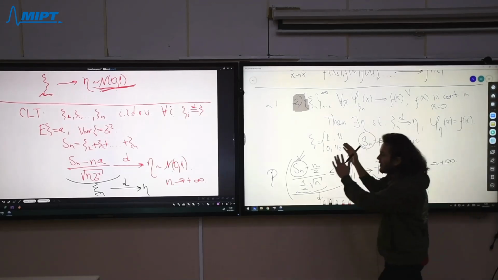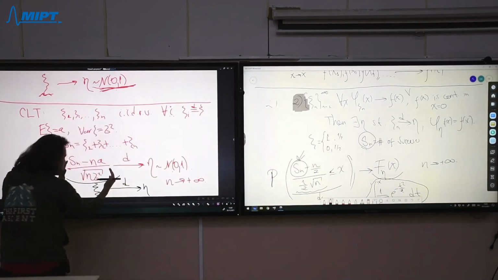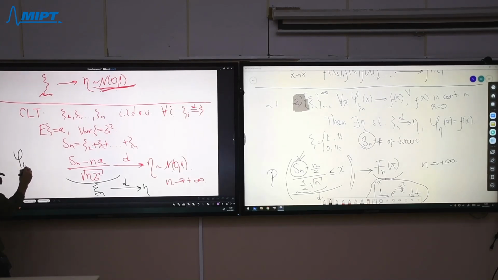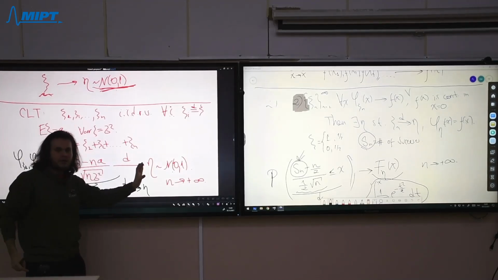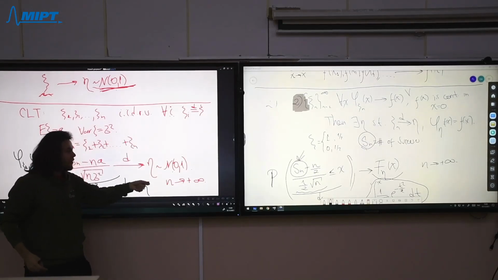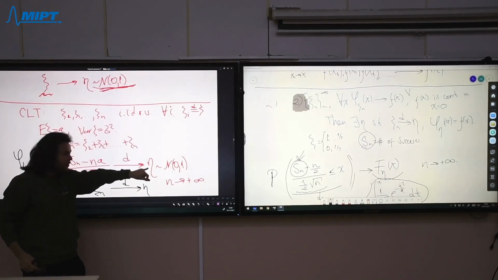Now let's find the characteristic functions of this sequence: the characteristic function of psi1, of psi2, and so on. Let's prove that these tend to some function, and this function is going to be the characteristic function of a random variable eta with this distribution.